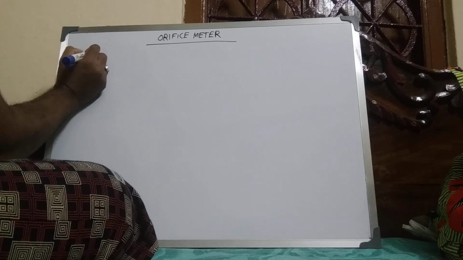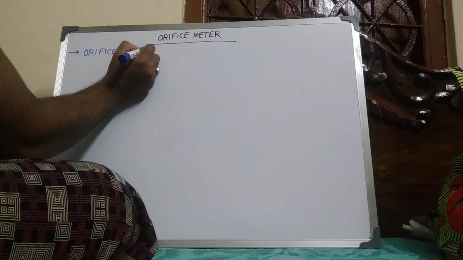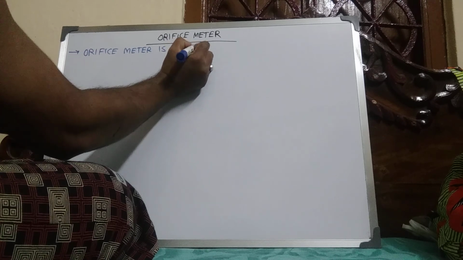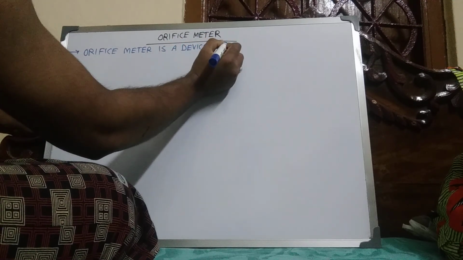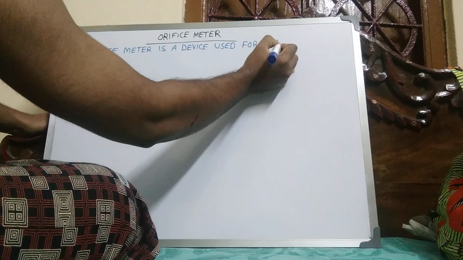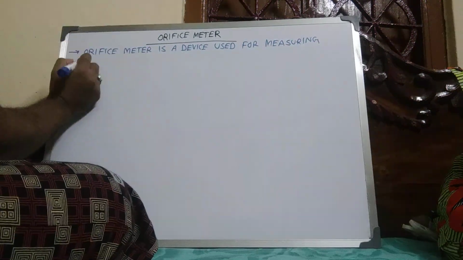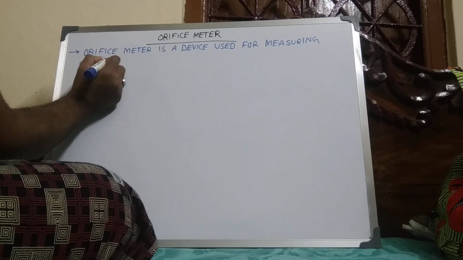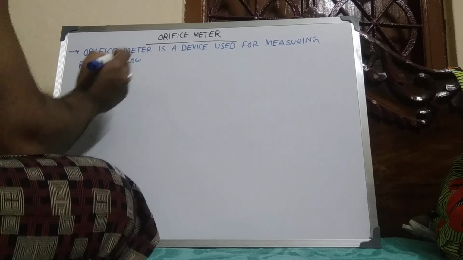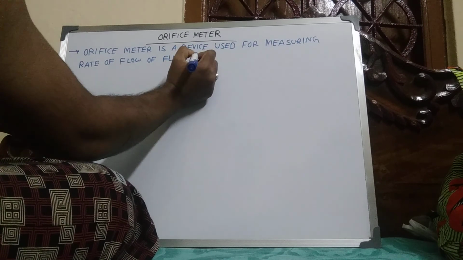An orifice meter is a device used for measuring the rate of flow of fluid through a pipe.